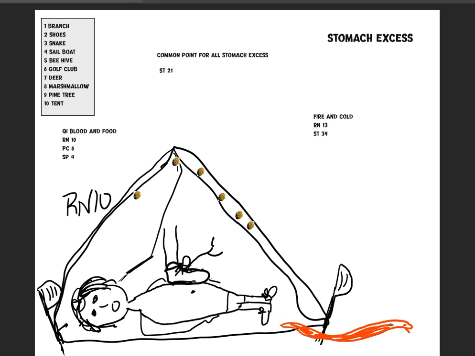And then stomach 34. After the snake runs away, this will be where we have to use the snake again, and we use the 4 for the sailboat. The snake runs away and goes on the sailboat and stands on the sailboat. It can be on the shore, it doesn't have to be in the water.